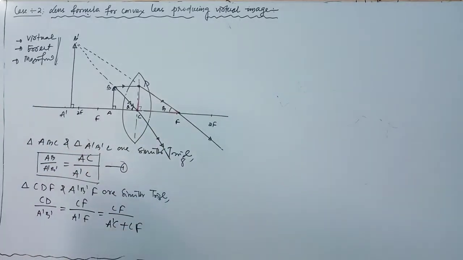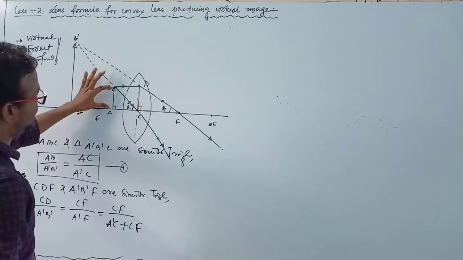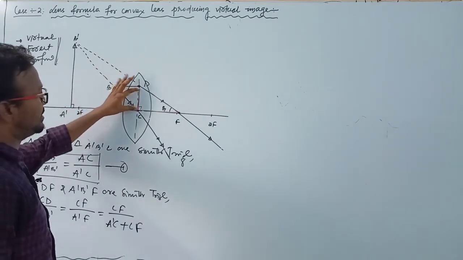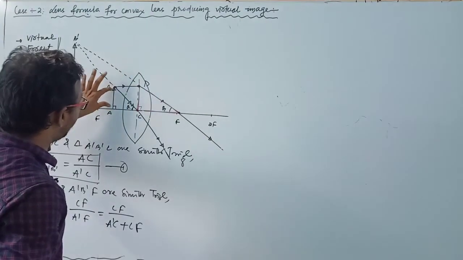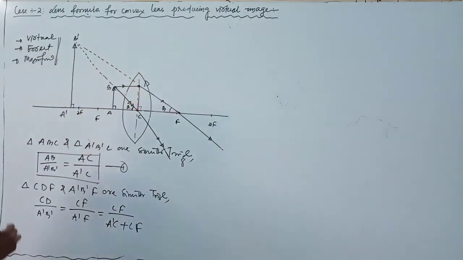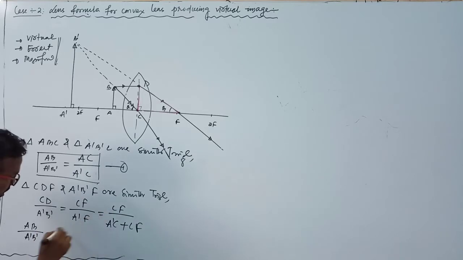Clear? And here the distance AB is equal to the distance CD, because this is parallel. So we can write AB in place of CD. So we can write AB divided by A'B' equal to CF divided by A'C plus CF.